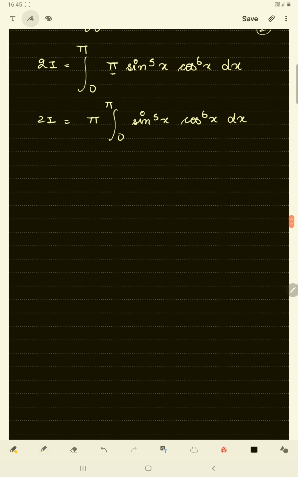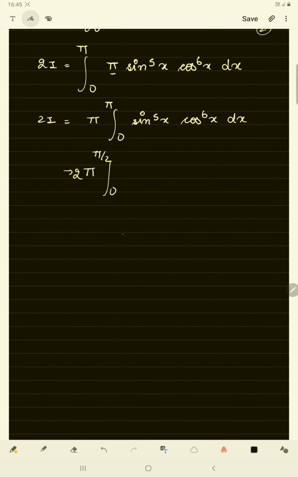Now the striking factor is that most students don't recognize that we can only apply the gamma property when we have 0 to pi by 2 in our limits, but here we have 0 to pi, so we need to use a limit change property. What we are going to do is write 2 times the integral from 0 to pi by 2.